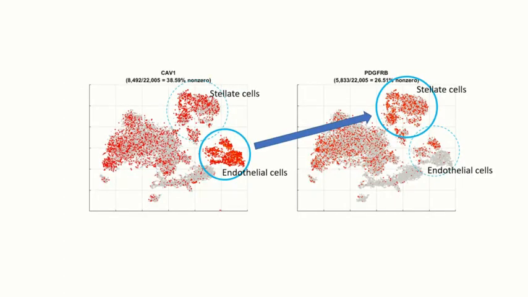On your left is this ligand gene expression level in all the cells, but I highlight endothelium cell. And you can see it's relatively highly expressed in endothelium cell of that gene. And for this receptor gene, you look at stellate cells, okay?